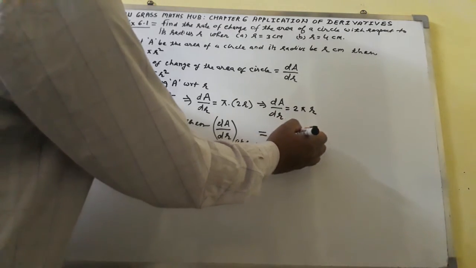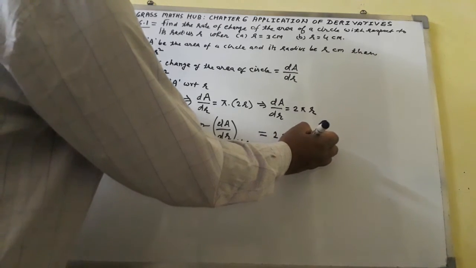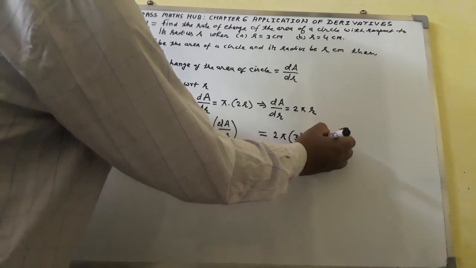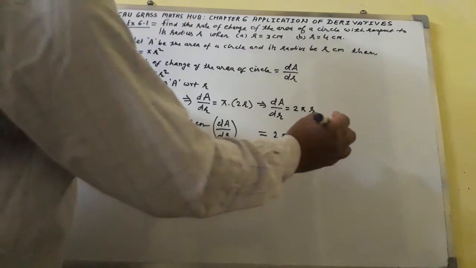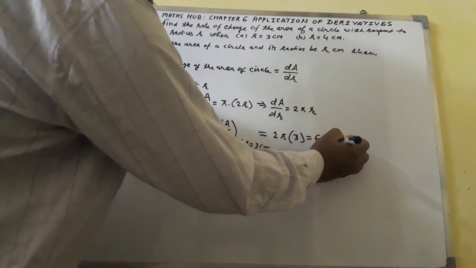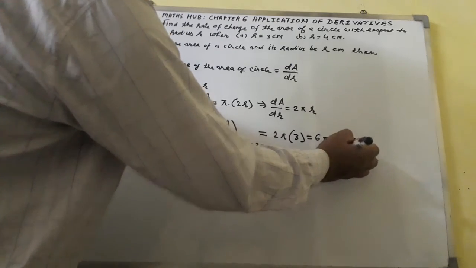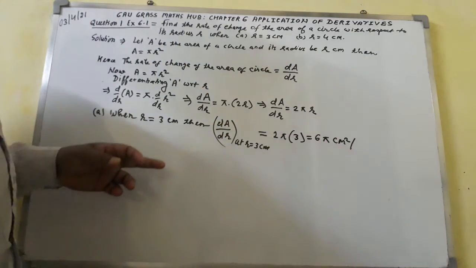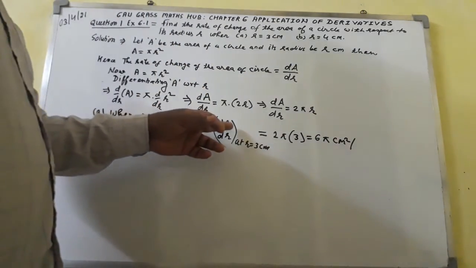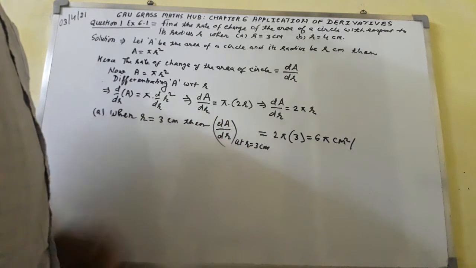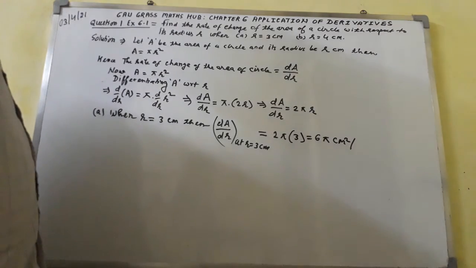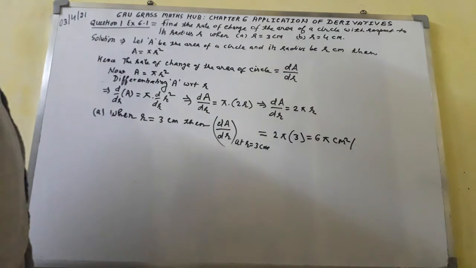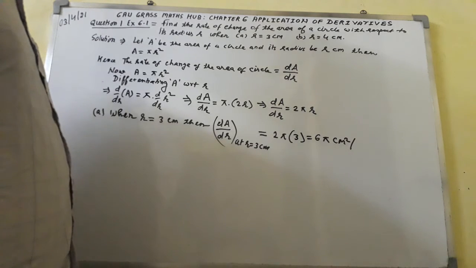In place of r I shall write 3, equal to 6 pi centimeter square. Here you can see dA, area over radius, centimeter, you have got this unit. 6 pi will be the correct answer.